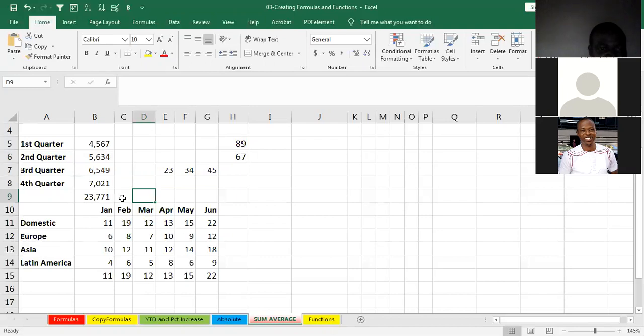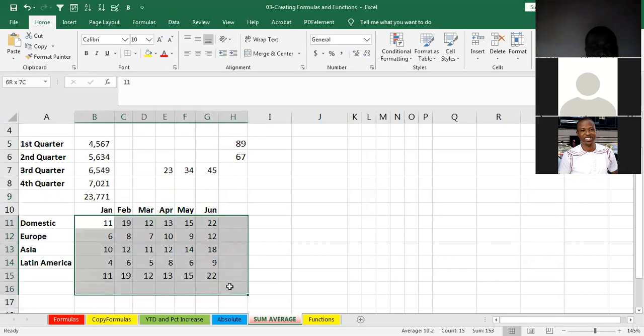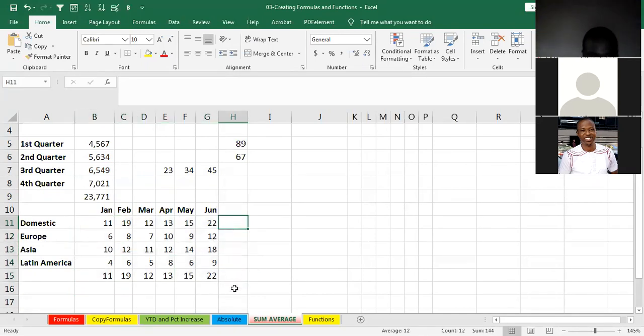Another way you can sum up is, for instance, with this one we have that talks about domestic, Europe, Asia, and Latin America. You highlight all the data. When you want to sum up, you don't need to start summing up one by one. There is no need for that work. What you just do is you highlight them and give one column space here where it will summarize it for you, and give one row space here where it will summarize it for you.